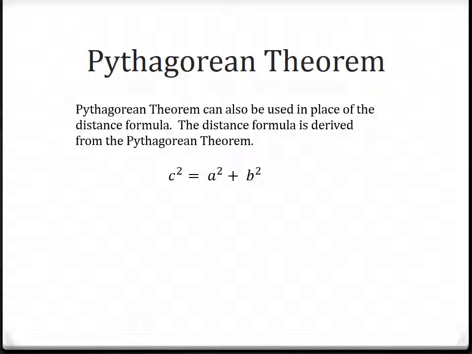So therefore, c squared equals a squared plus b squared. Now, if we were to square root both sides, the c squared becomes c, and the a squared plus b squared is the square root of a squared plus b squared. So see, it's very similar to the distance formula.